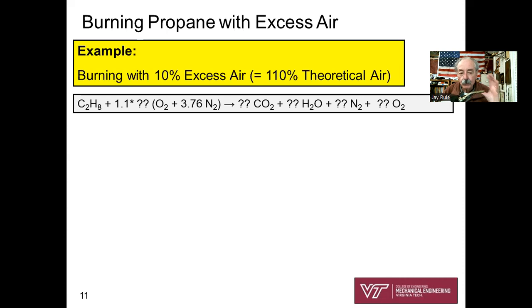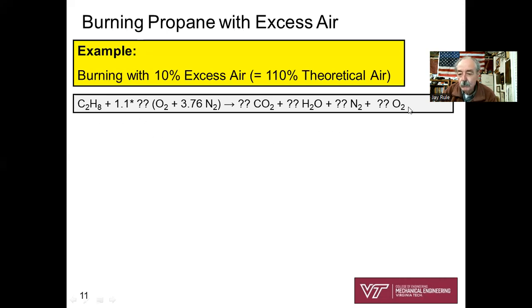So in my little example here in the video, let's say this is designed to run about 10% excess air. That's just sort of a rule of thumb, pulling a number out of the sky for an example. How would we develop our reaction equation there?